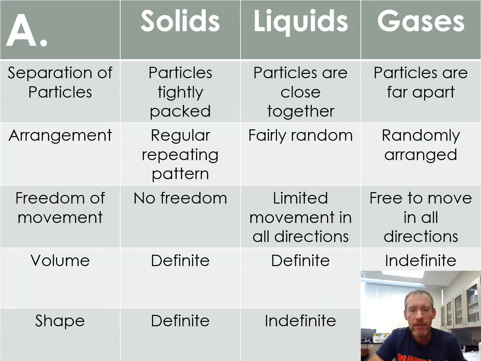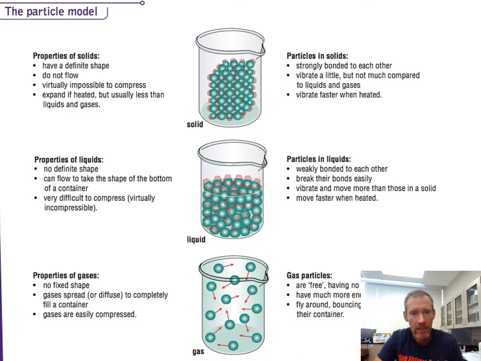All right. So you can see here, if you put a solid in a beaker, it will just fit whatever that solid was. Liquids will take the shape of the beaker, and they're weakly bonded to each other, whereas gases are just in there as part of the whole surroundings.